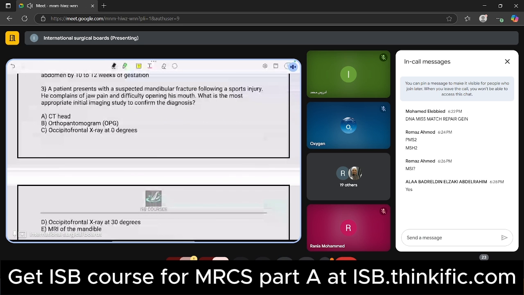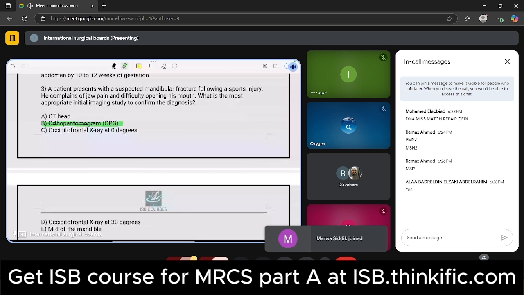But for this particular situation, as they are asking for initial imaging, you should begin with simple stuff, right? Like OPG. The answer is OPG, and the reference for this answer is Oxford. So I think it's very dependable, right?